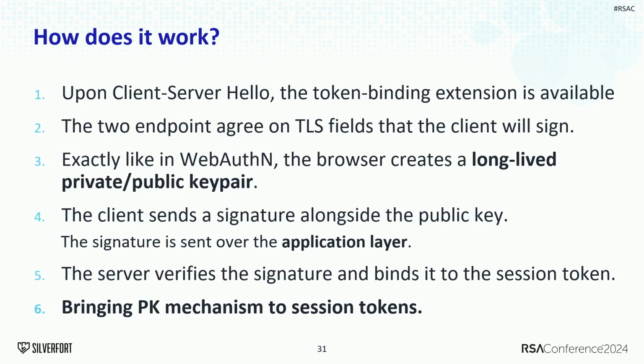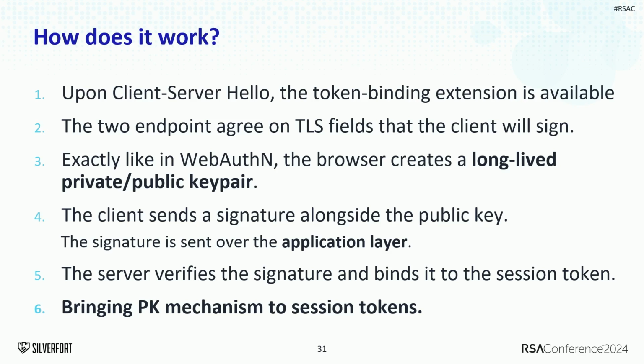So how does it work? Upon client and server hello, the token binding extension is available. The two endpoints agree on certain TLS fields that the client will sign. Exactly like in WebAuthn, the browser creates a long-lived private and public key pair.